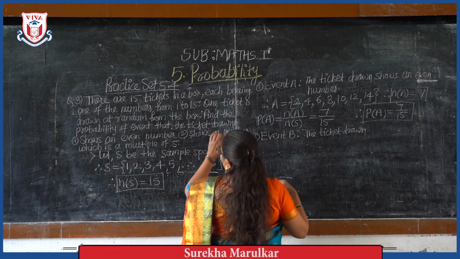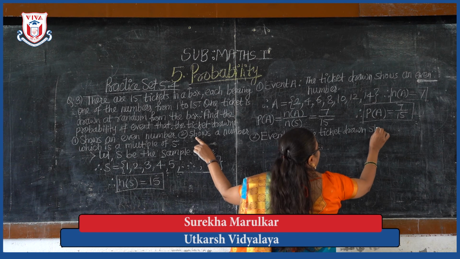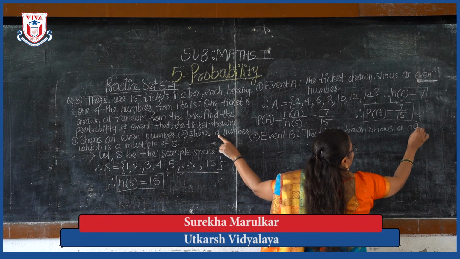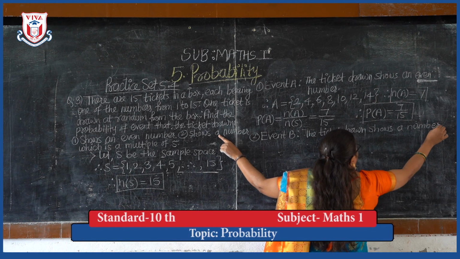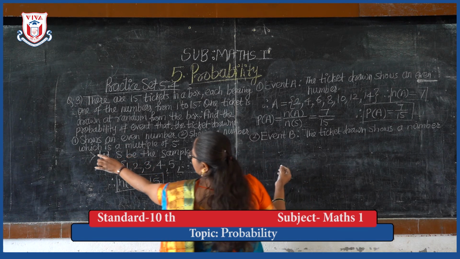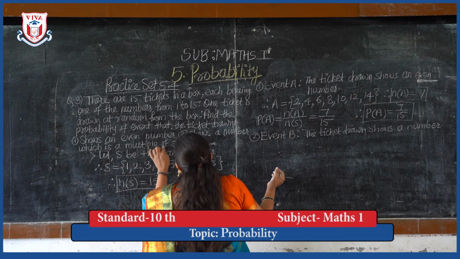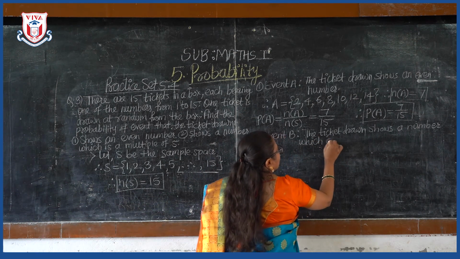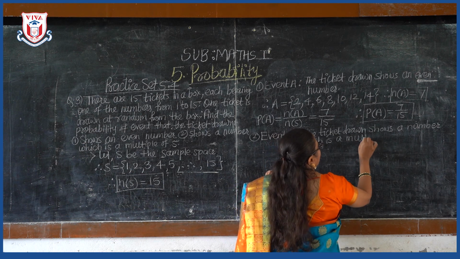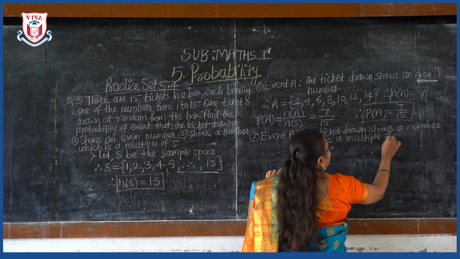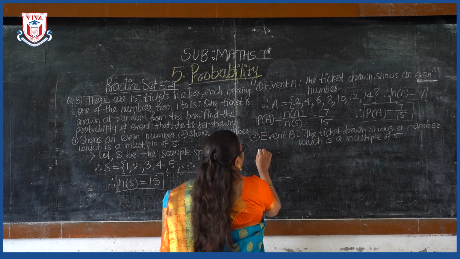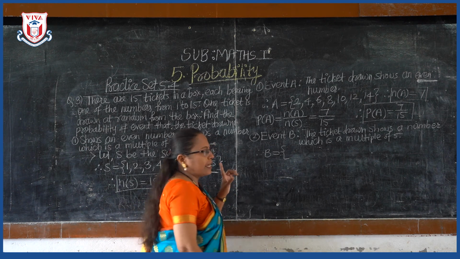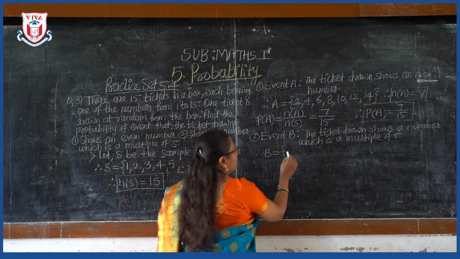The ticket drawn shows a number which is a multiple of 5. So therefore B is equal to, now which is the number, first number multiple of 5? 5.